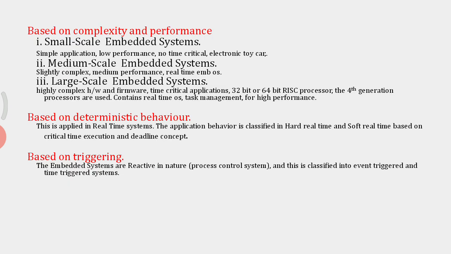Next we will go through the classification based upon complexity and performance. Here it has been divided into small scale embedded systems, medium scale embedded systems, and large scale embedded systems. Small scale embedded systems are simple in application needs, and the performance requirements are not time critical or are very low.